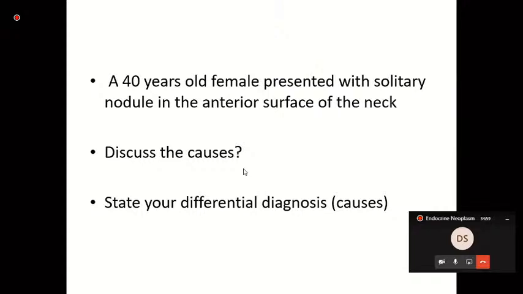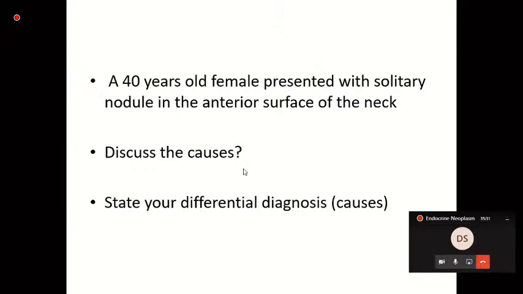You can see nodules in the anterior of the neck. Anyone can think? There are many things. If the patient comes with a nodule in the anterior of the neck, what do you think?